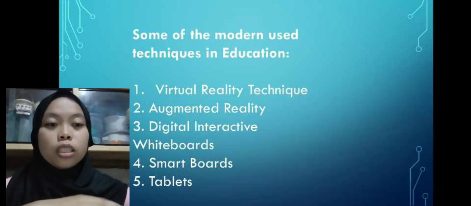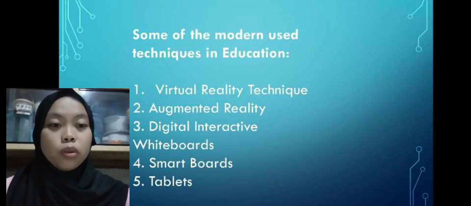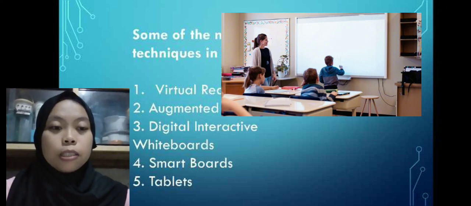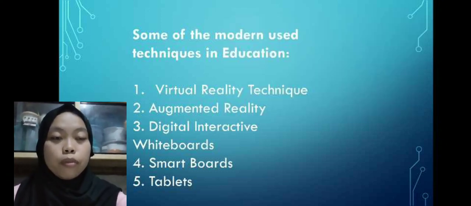Number 3, digital interactive whiteboards is a large screen that connects to a computer or projector and displays the computer's desktop on the digital writing pad and can be controlled by a tablet, pen, finger, or other devices. Number 4, we have whiteboard.